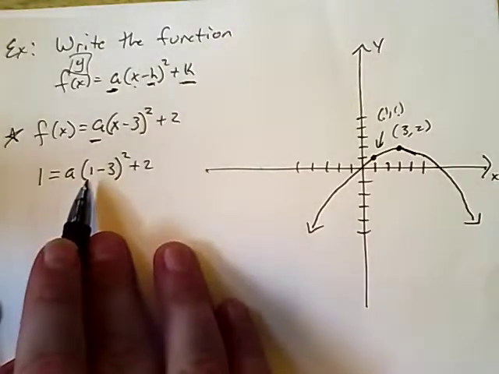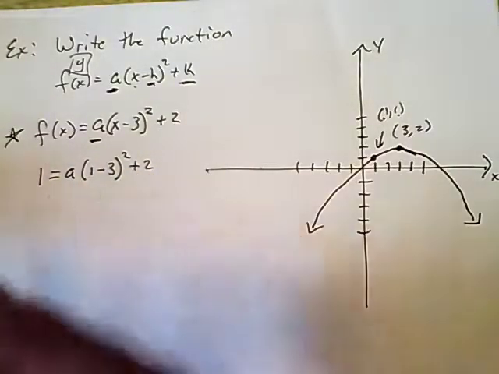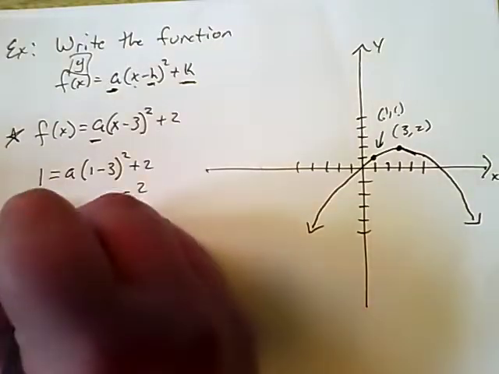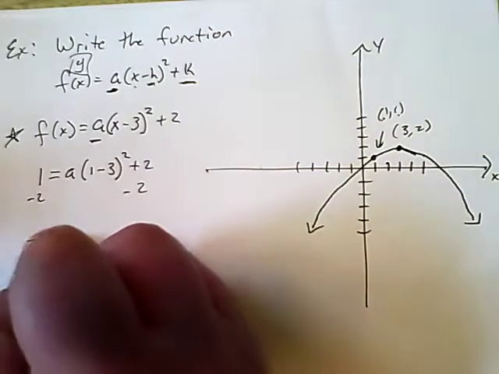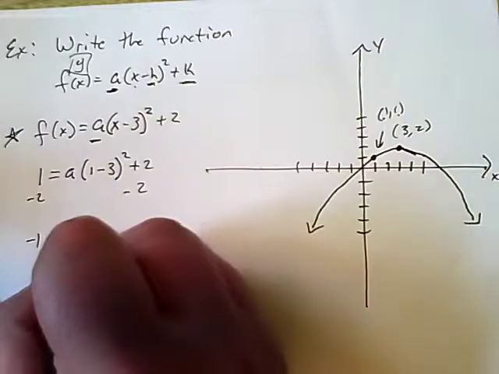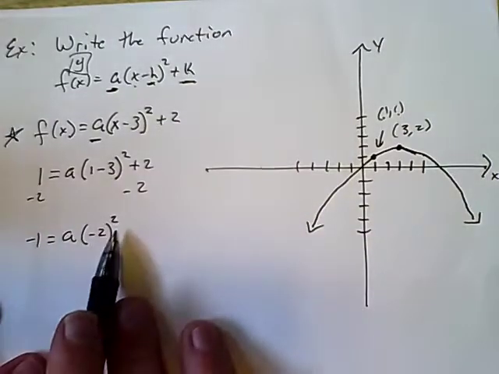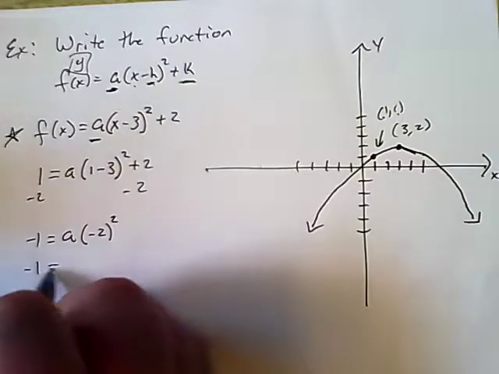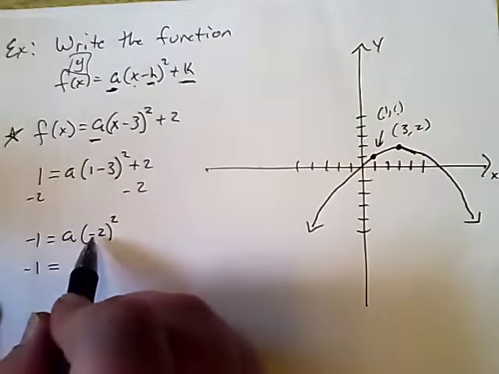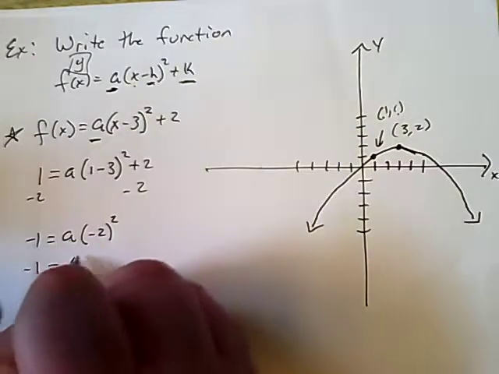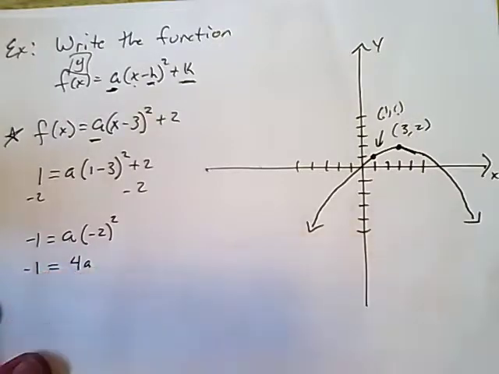Okay, so I'm going to do a couple of things on this first step. I'm going to subtract 2 from both sides, and I'll end up with negative 1. And 1 minus 3 is negative 2. Negative 2 squared is a positive 4. And I don't want to write a4. That looks weird. So I'm going to write it as 4a.